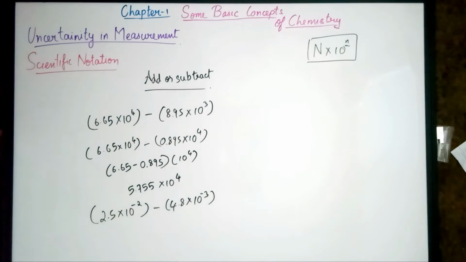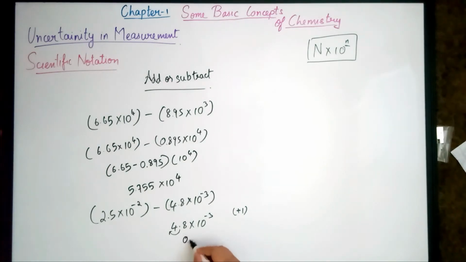And how do we do that? Let's take 4.8 into 10 to the power minus 3. If I want this to become minus 2, we need to add 1. And if we want a positive sign, the decimal point has to move to the left, because left is going to be positive, right?